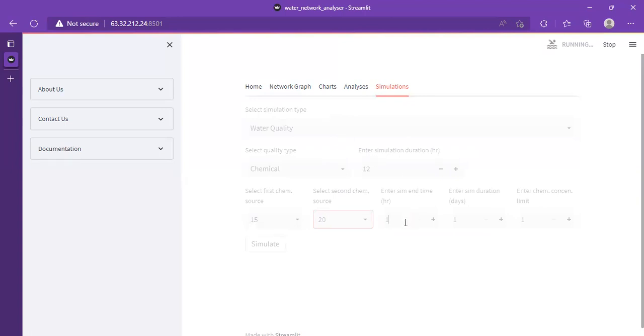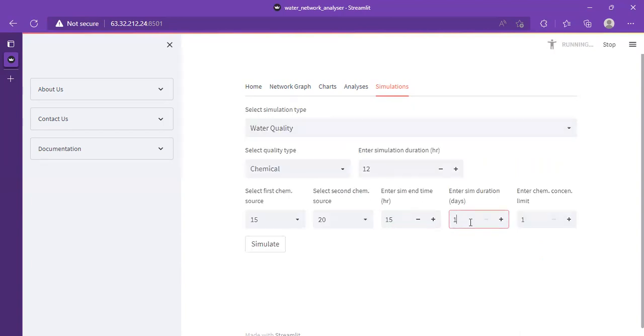Then you also enter simulation start time, which can be 15. Then you enter the simulation duration, which we can pick 7 days, and you enter the maximum allowable chemical concentration based on regulatory bodies. Then you say simulate.